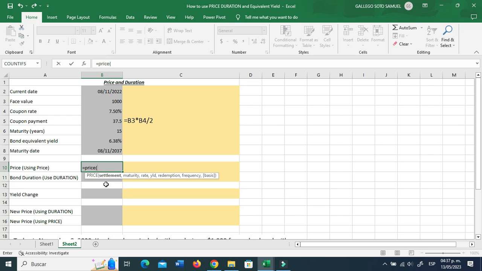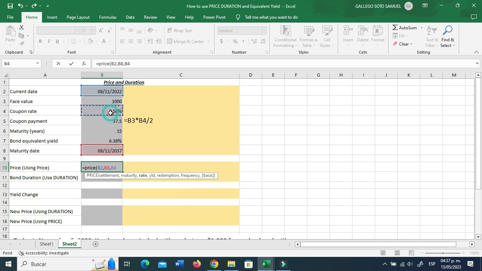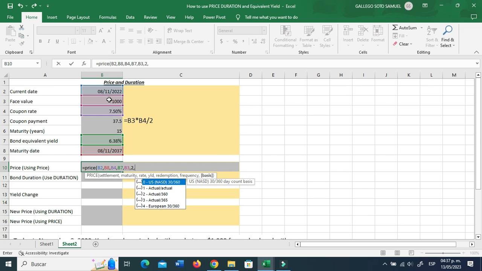Okay, so settlement, that's going to be the current date, and the maturity. And then the rate, this is the bond equivalent rate, right? Oh no, the rate, that's going to be the coupon rate, yes. The equivalent rate, that's going to be this one. The redemption value, that's going to be 1,000. The frequency is going to be 2, and the basis is 1.